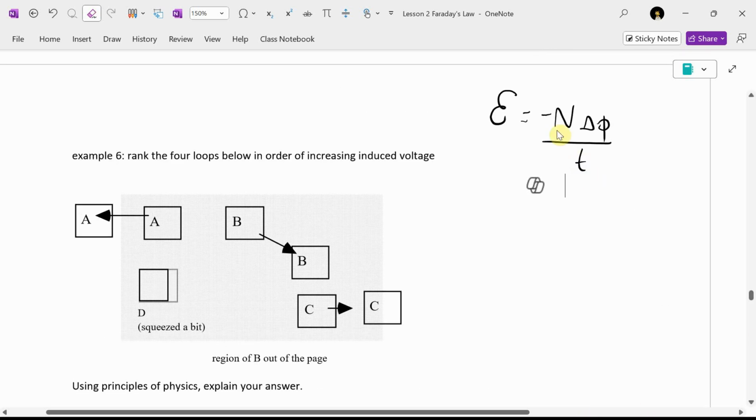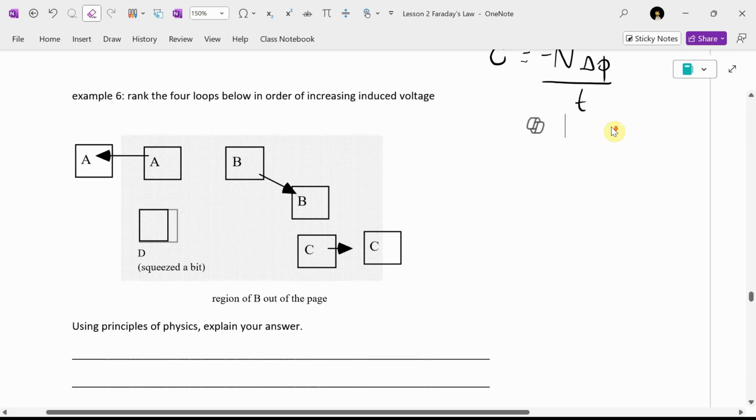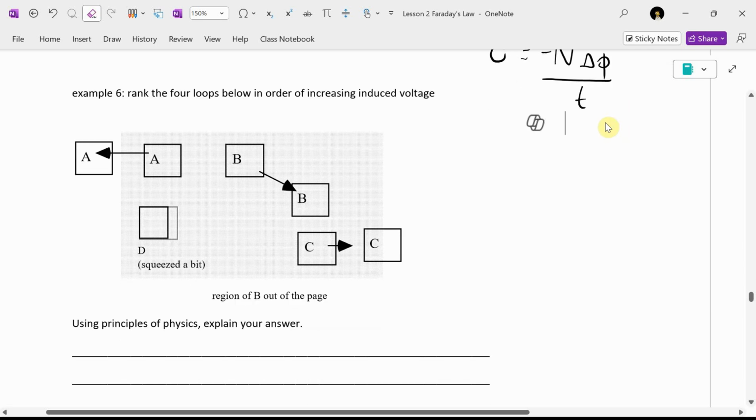N, which isn't changing, T, which isn't changing. If there's a changing flux, remember, flux is the number of magnetic field lines pointing through an object. Which of these 4 diagrams has the same number of magnetic field lines pointing through it before and after? B. Which of these has a flux of exactly 0? Same answer. Which of these will generate the smallest possible voltage, which is to say, nothing?